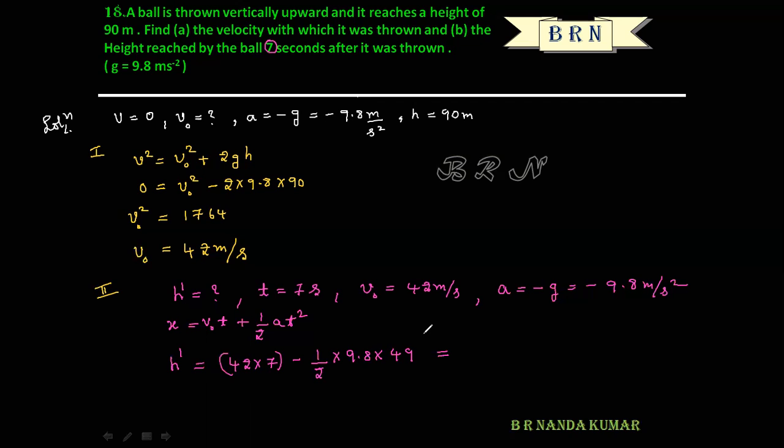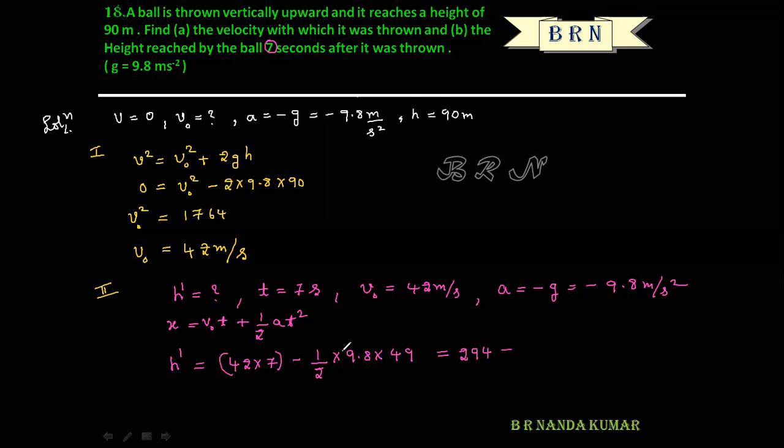Okay, so 42 into 7, that is 294 minus, so 9.8 into 49, that is 480.2 divided by 2.